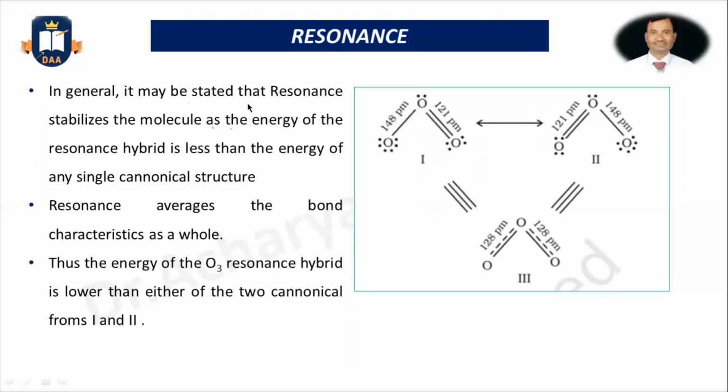Generally, it may be stated that resonance stabilizes the molecule, as the energy of the resonance hybrid is less than the energy of any single canonical structure. That means this structure has less energy compared to either of the two canonical structures of the O3 molecule. Resonance averages the bond characteristics as a whole.